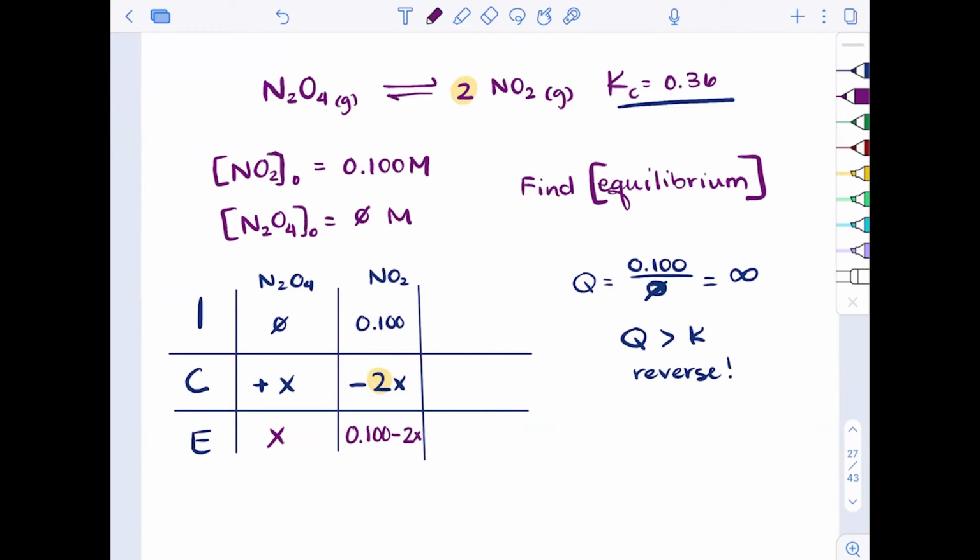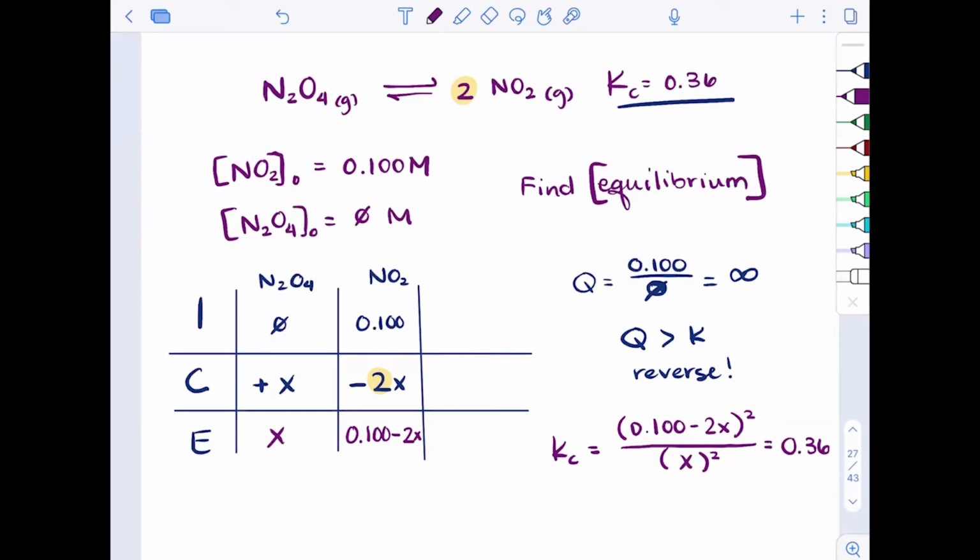Now these are the values that we are going to put into our K. Kc is equal to (0.100 minus 2X) squared over X. We know Kc, it's equal to 0.36.